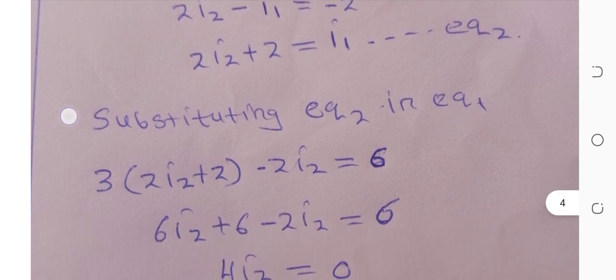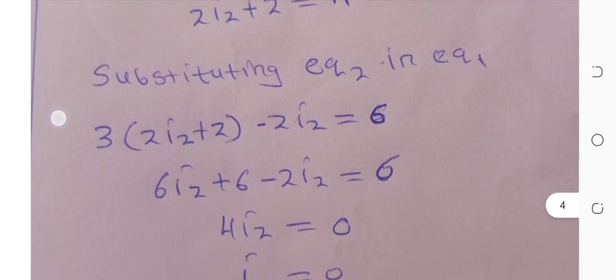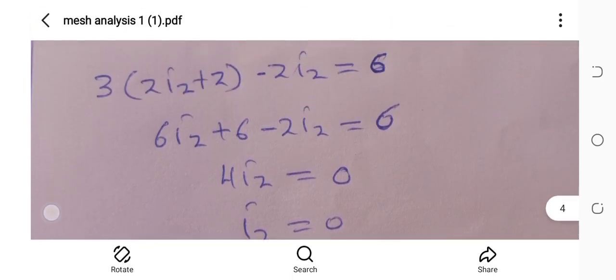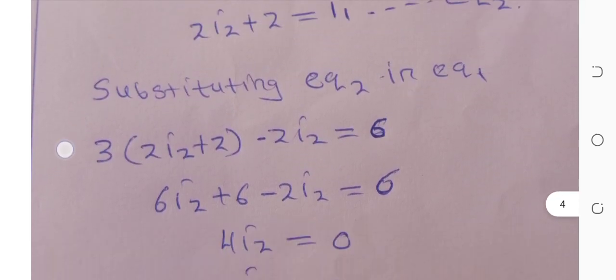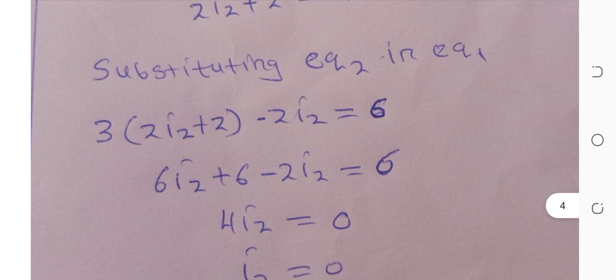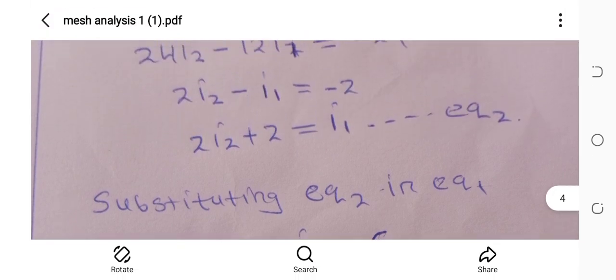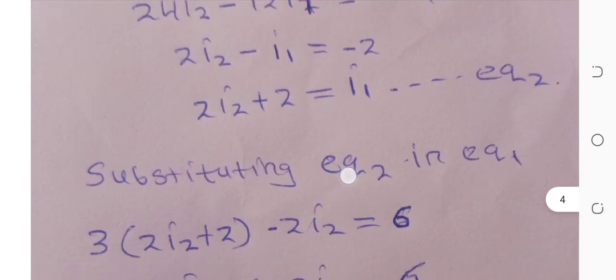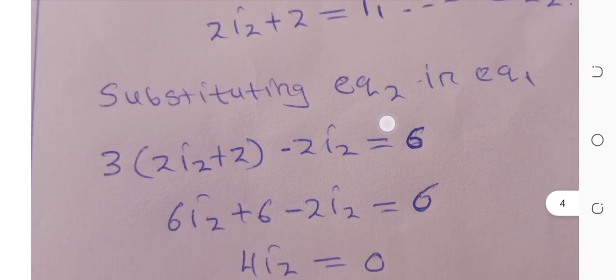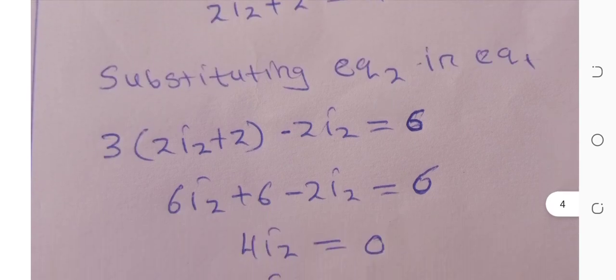So substituting equation 2 in equation 1, using the substitution method, you get 3 times (2i2 plus 2) minus 2i2 equals 6.